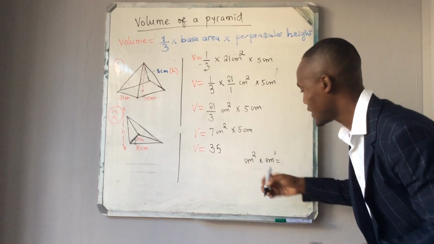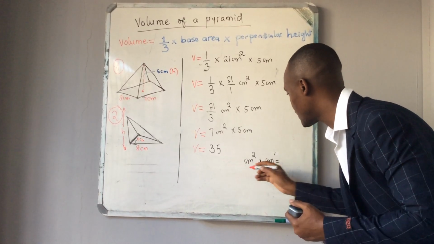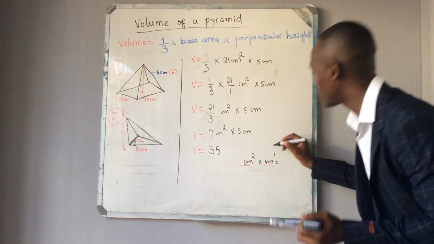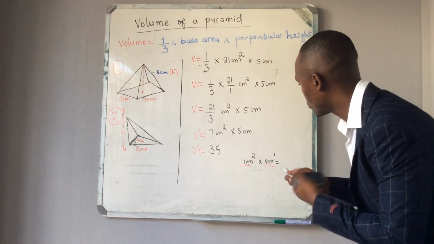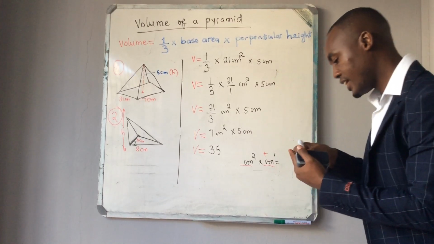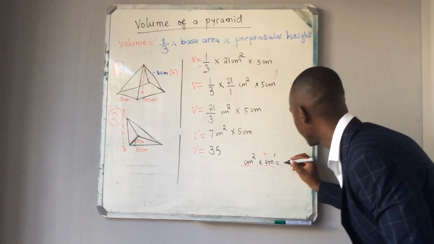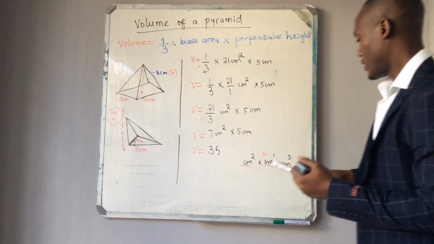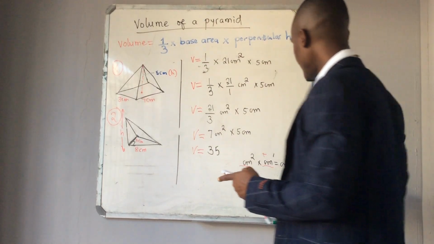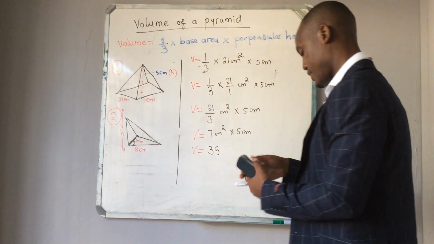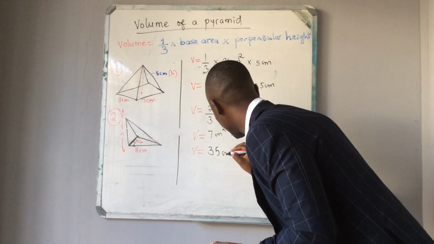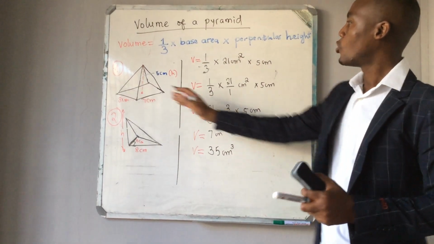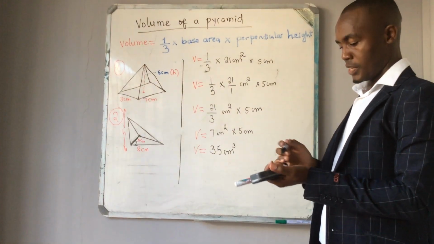And because the base, centimeters, is the same in both, all we need to do is add the exponents. So we add 2 plus 1, and we have centimeters to the power of 3, or cubed. So our final answer is 35 centimeters cubed. And that's the final answer. So that's the volume of this first shape.